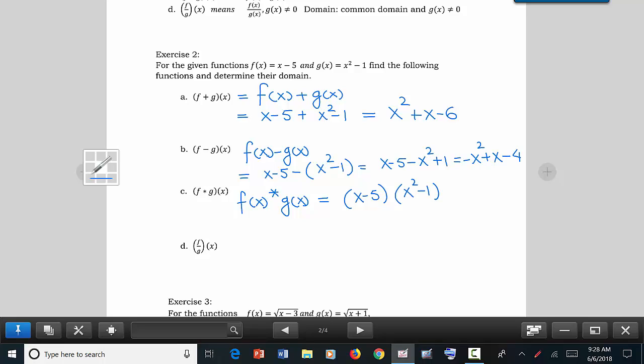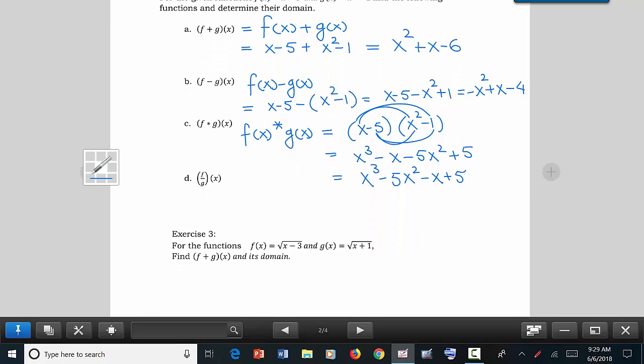Since both are binomials, let's do the FOIL. x times x squared is x cubed, x times negative 1 is negative x, negative 5 times x squared is negative 5x squared, negative 5 times negative 1 is positive 5. And combine the like terms if we have any. It seems we don't have any like terms, so let's write in decreasing order. It is not necessary, but it is always a nicer way to write.